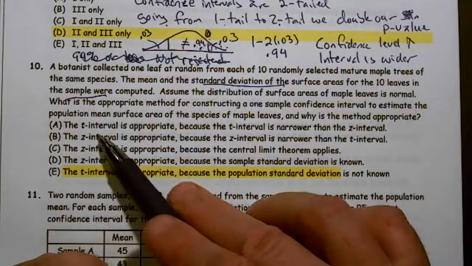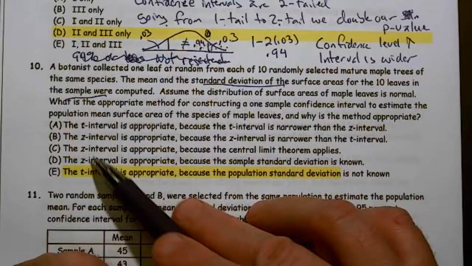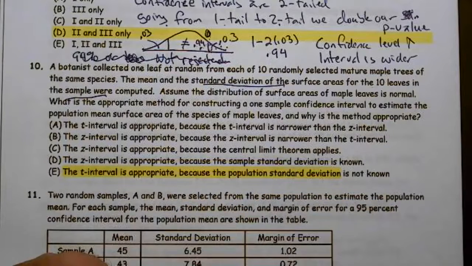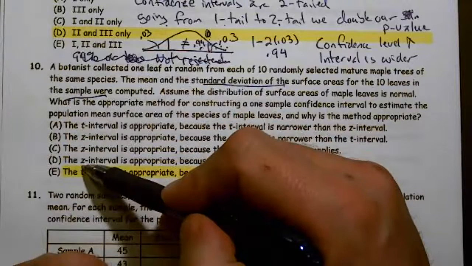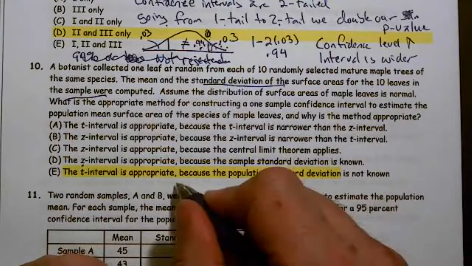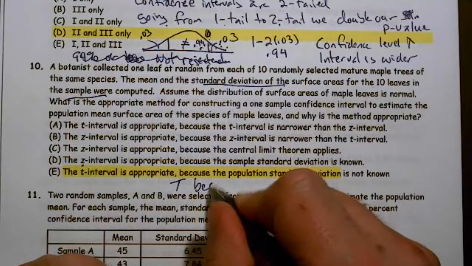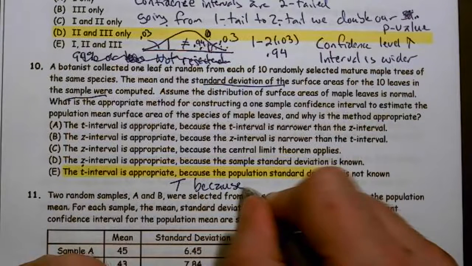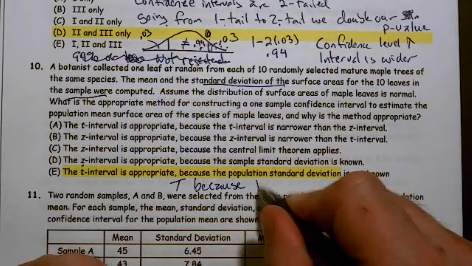So the question is, should we be using a T or a Z, and why? Because our choices are all T and Z. Well, we know we have to be using a T because we're using the standard deviation of the sample.